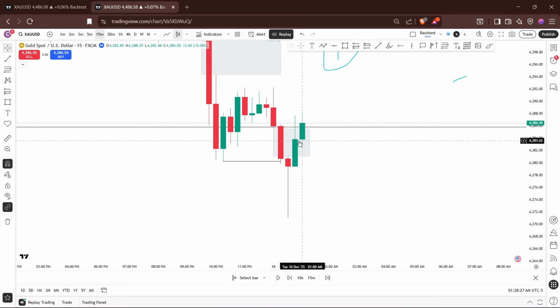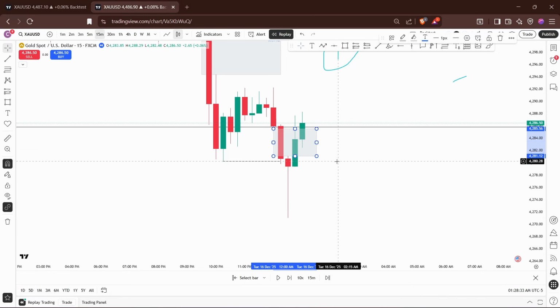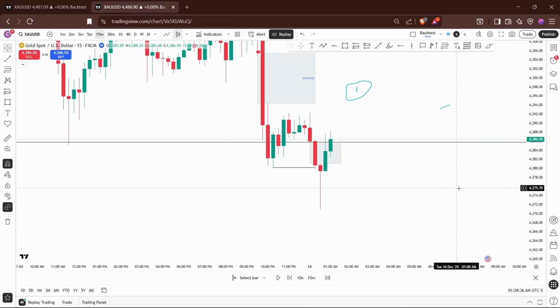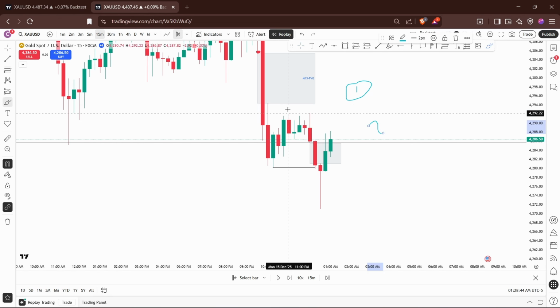There is the FVG, and then it's able to form the inverse FVG. It broke above this box, so it becomes the inverse FVG. This is entry confirmation number 2. This one is not the entry because it was not able to close above this FVG.